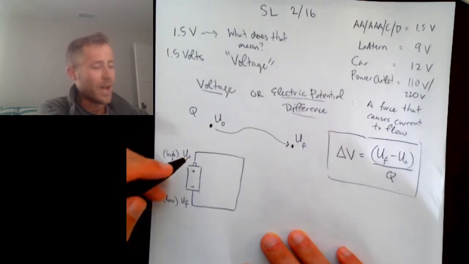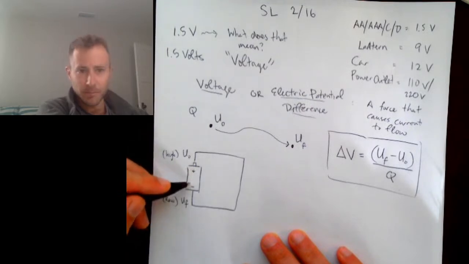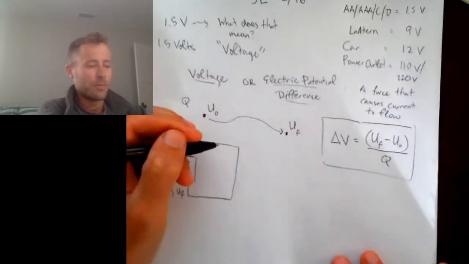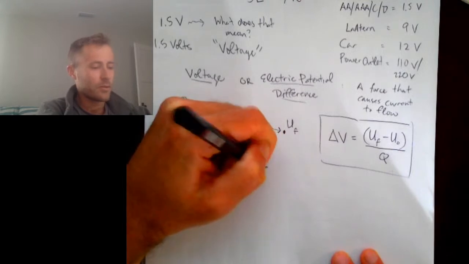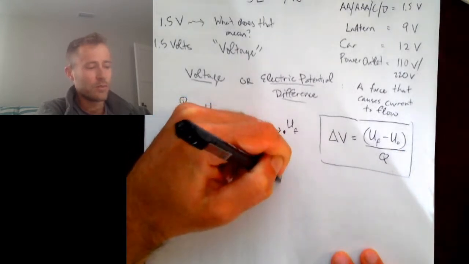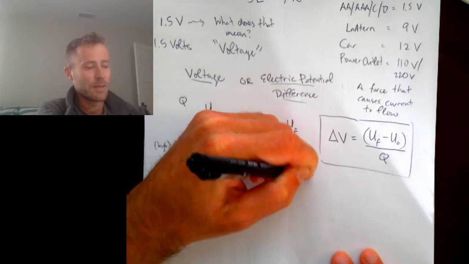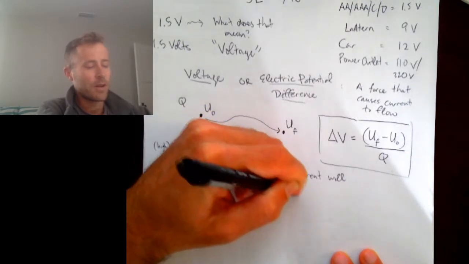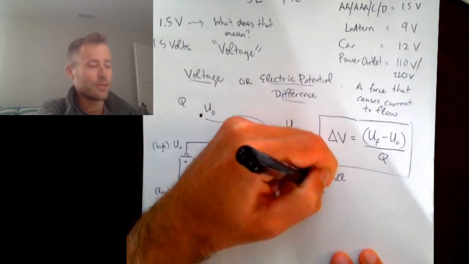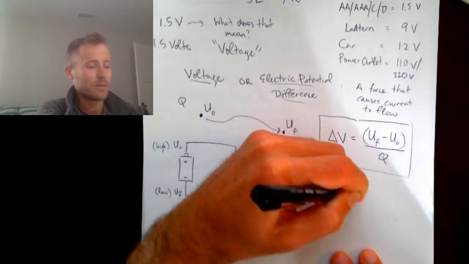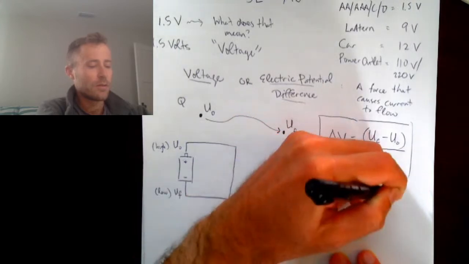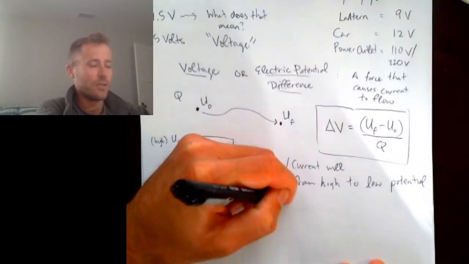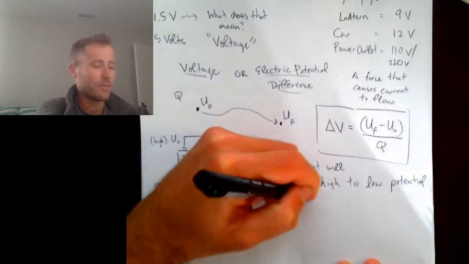And so what happens is the battery charge will flow. So charge, current, will flow from high to low potential. So what that means is that delta V is going to be less than 0.